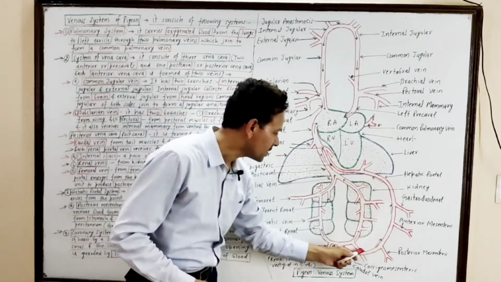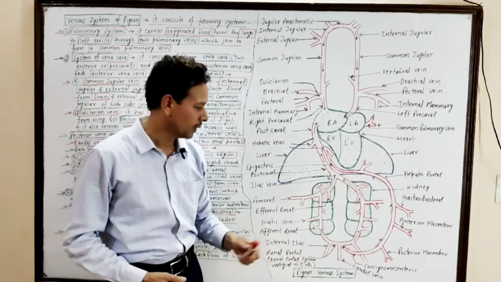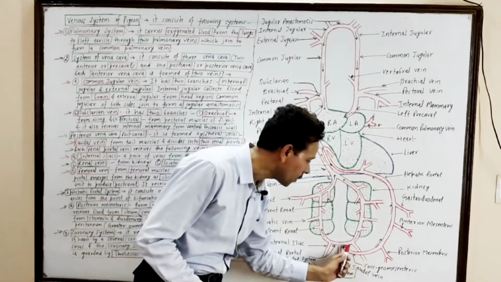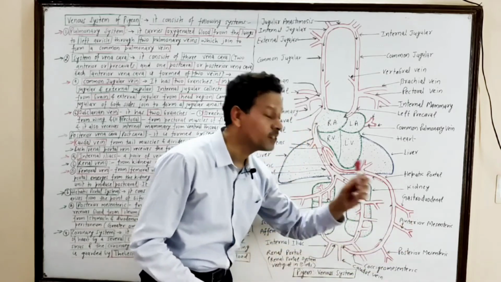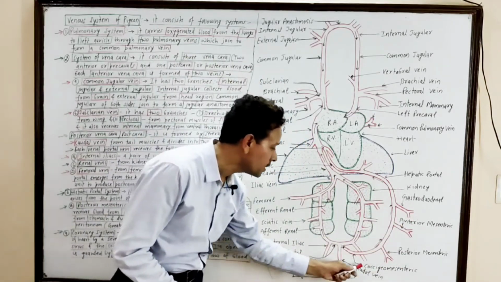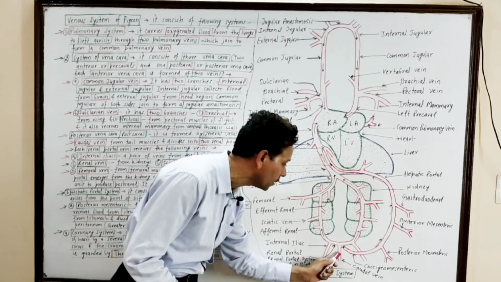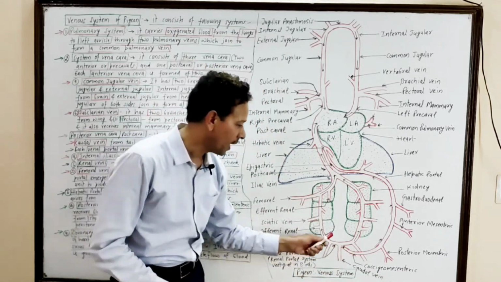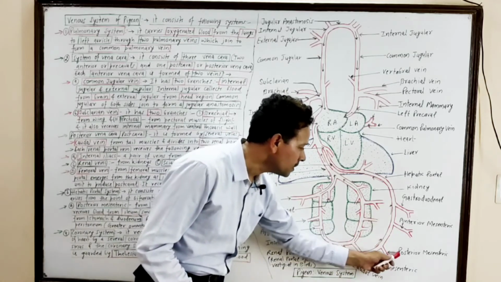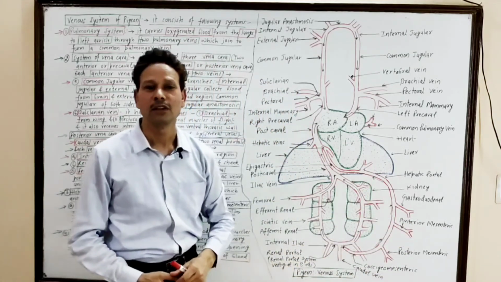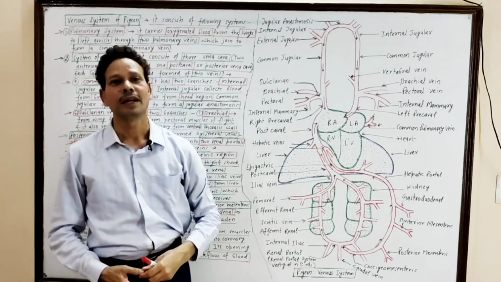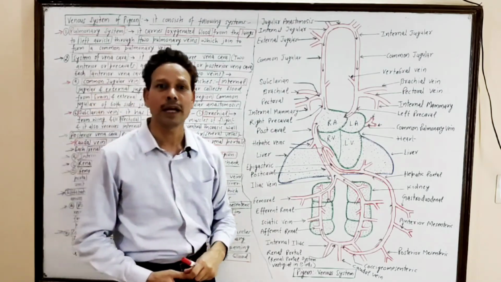And this third system, that is the hepatic portal system. In this system, a very characteristic feature of pigeon is the coccygeomesenteric. And this coccygeomesenteric, which arises just before the bifurcation of this caudal vein, receives posterior mesenteric from the lower parts of the alimentary canal like rectum and cloaca.